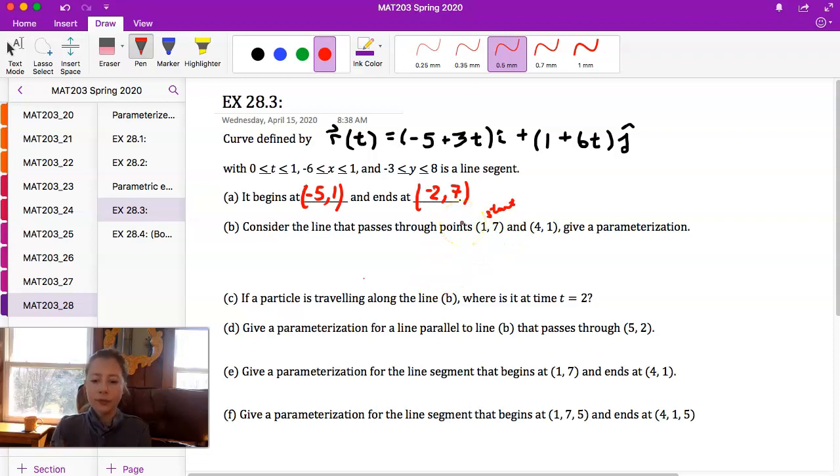Now we need to think about how to get in x from 1 to 4. In order to get from 1 to 4 in the x direction, we have to move 3 i hat. And then to get from 7 to 1 in the y direction, we have to move minus 6 j hat.